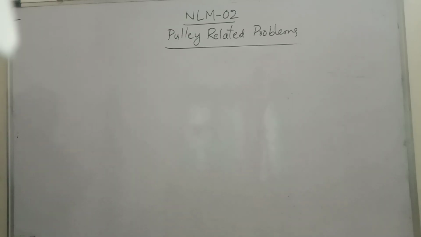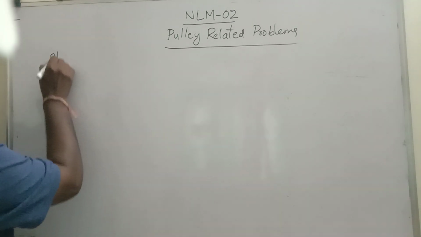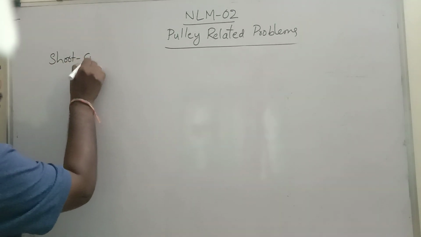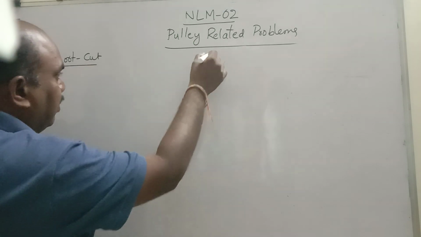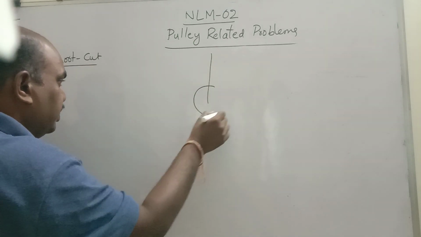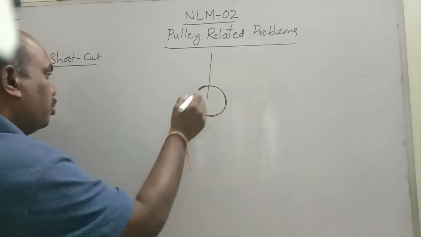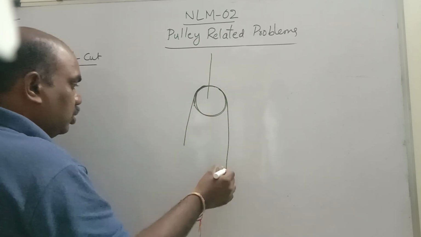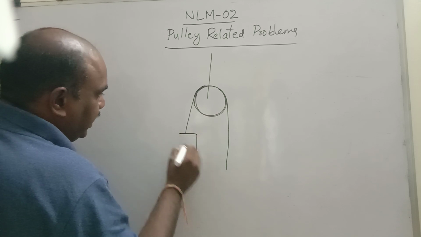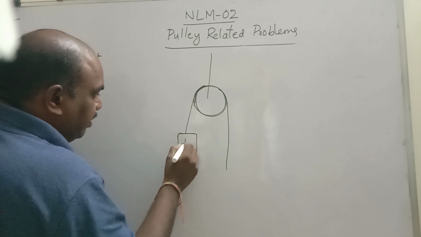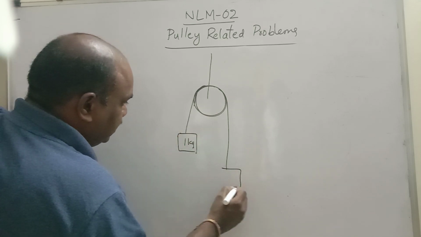See children, how to do the shortcut for the movable pulley. See how to do the shortcut. This is a ceiling, this is a pulley. This pulley is a movable pulley. These are two masses. This is a 1 kg mass. Let us consider this is a 2 kg mass.